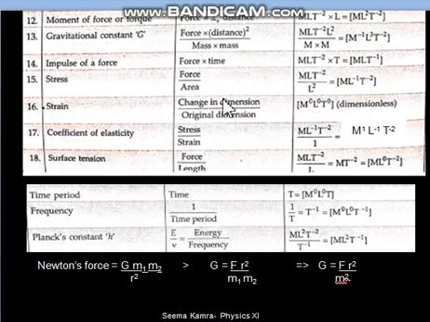So this is basic formula and this side it is dimensional formula. So let us make for surface tension. Force is M1 L1 T minus 2, length is L1, so both L are cancelled, so L power 0 we will get. So M power 1, L power 0 and T power minus 2.